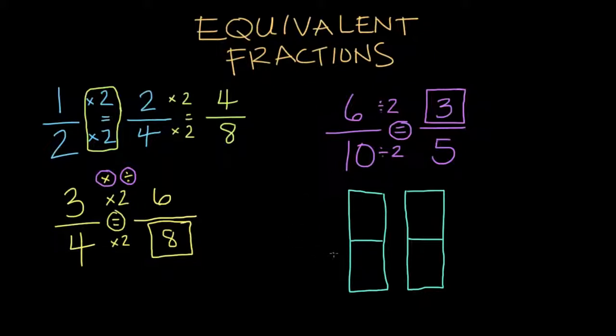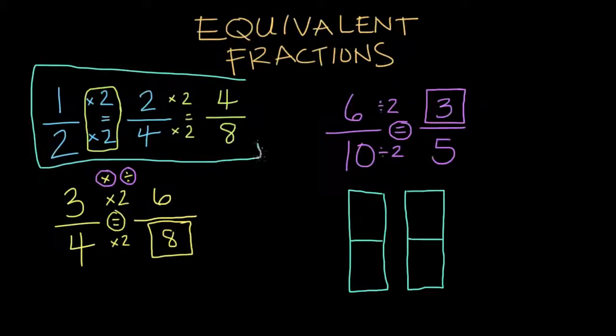Let's see. 6/10, 3/5. Let's do something different here. I'm going to use this one over here, 1/2. Okay, so focus with me. Let's take this one and let's draw it out down here. 1/2 is equivalent to 2/4.